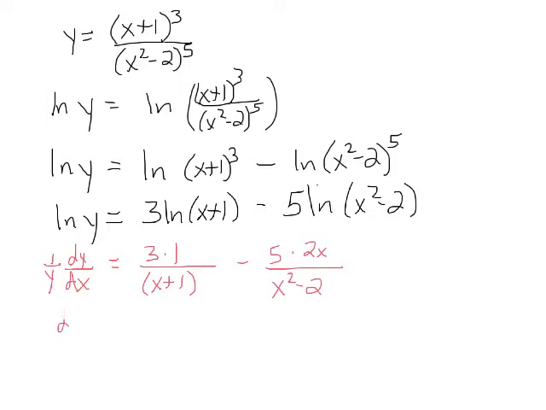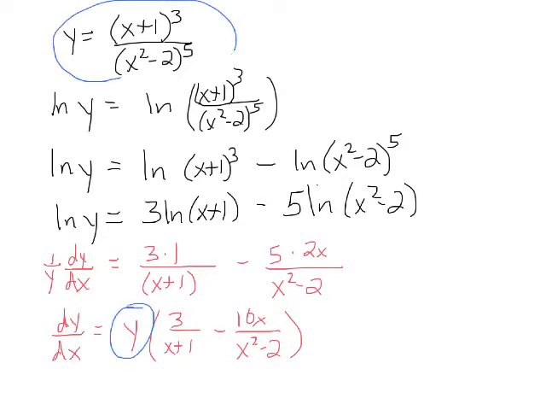And finally, we move y over to the right-hand side, equals y times 3 over x plus 1 minus 10x over x squared minus 2. In the end, we want to substitute our y value in.